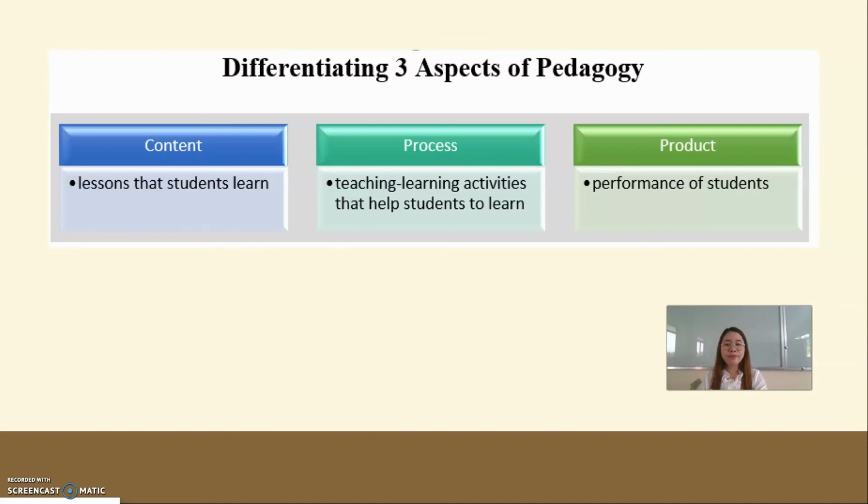So when grouping them, we need to vary the content, the lesson that we have to provide according to their level, not too difficult, not too easy. And we should be providing varied learning activities depending on the groups. And we should also expect from them to provide different proofs of learning, different requirements, different projects.